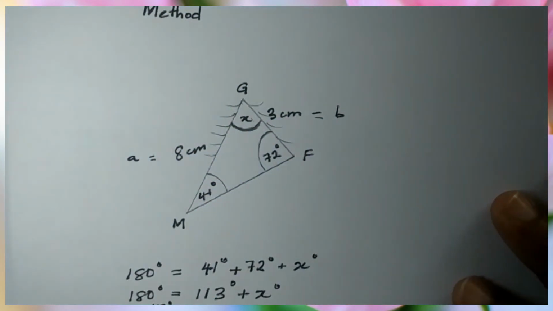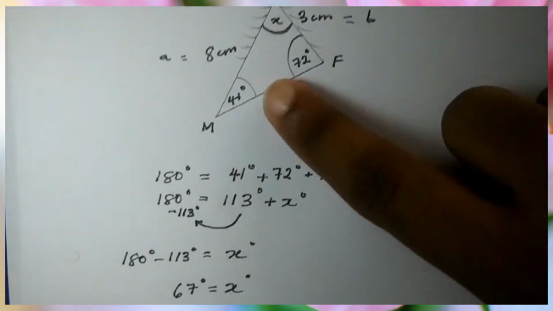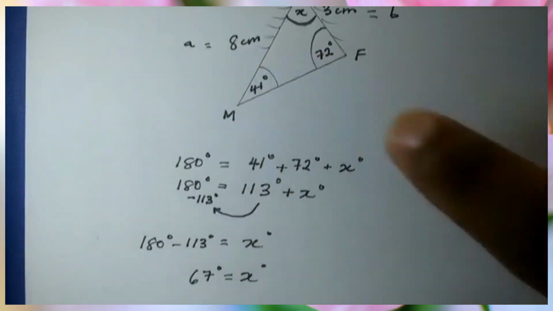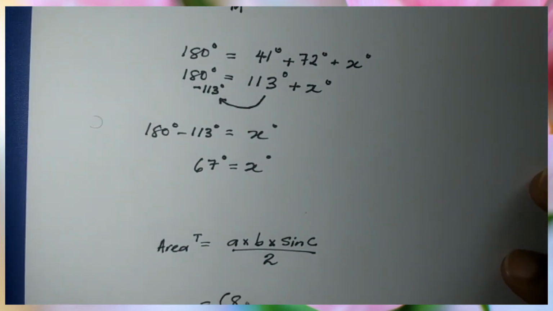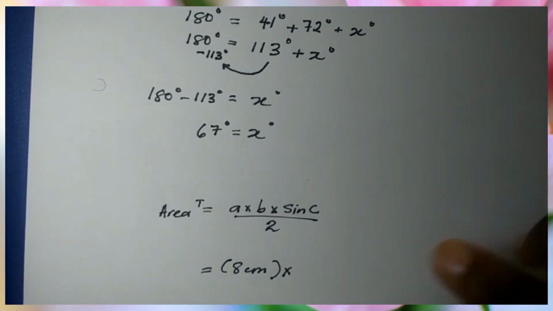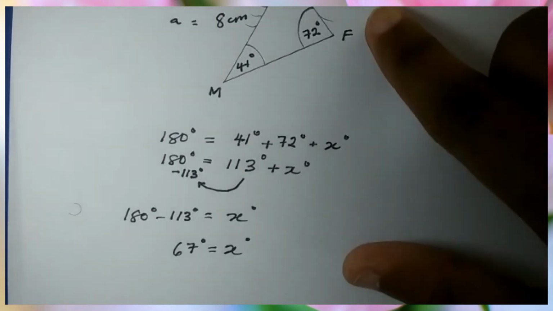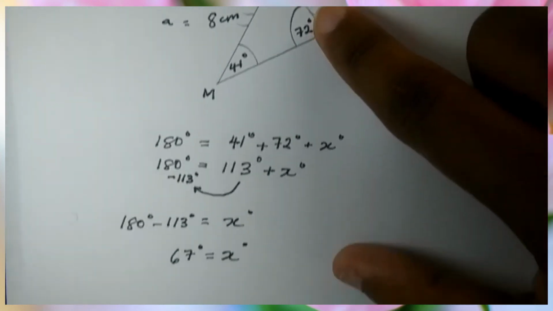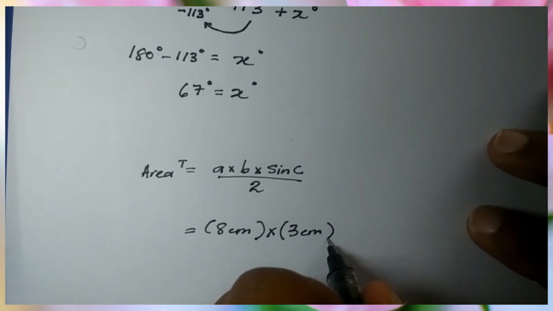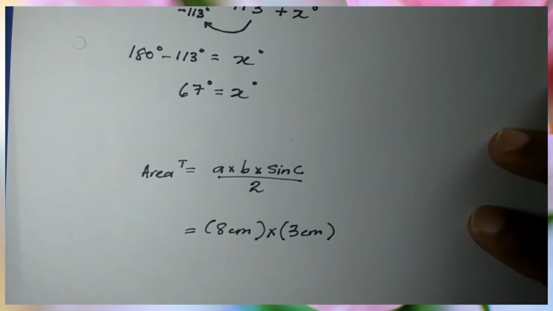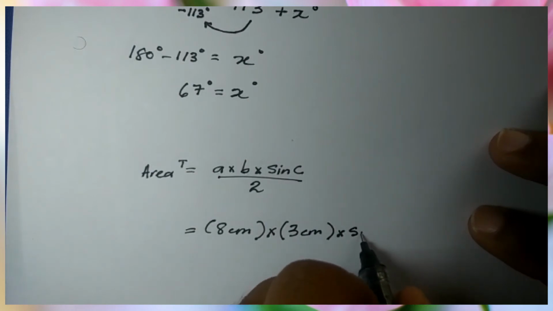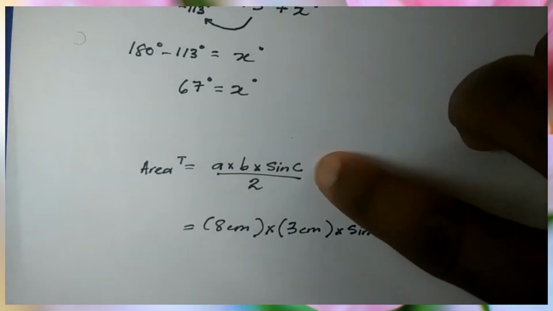Now I'm replacing the letter A with the actual measurement of A, which is 8 centimeters. I'm putting them in brackets to show that I'm replacing them. I'm replacing B with the value of B, which is 3 centimeters. Following my formula comes times sine angle C, and the angle C is my eyeball.